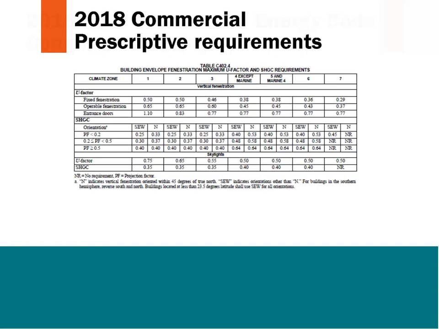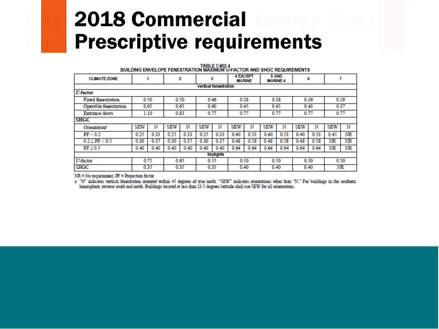So this is a chart for commercial buildings with less than 30% fenestration, basically showing glazing area to wall ratio, as well as up to 40% with daylighting controls. For buildings with more glazing area, one must use ASHRAE 90.1. Operable windows are allowed higher U factors than fixed windows.